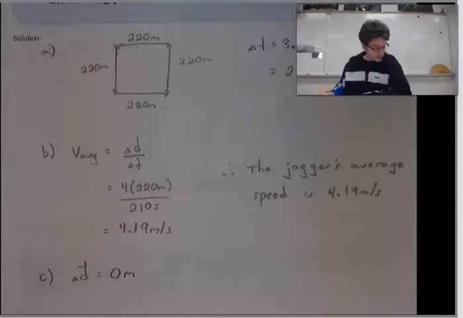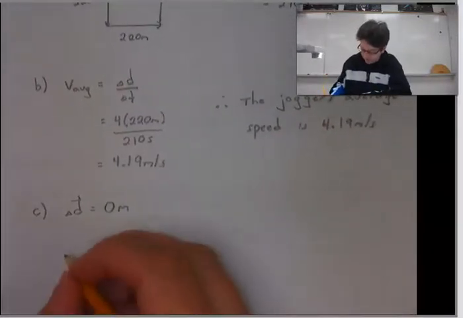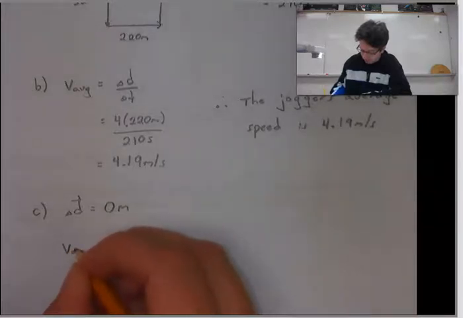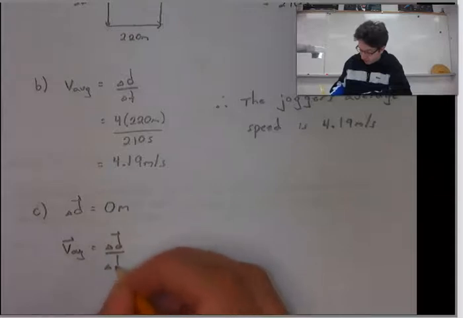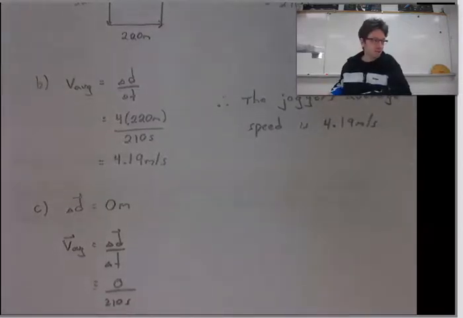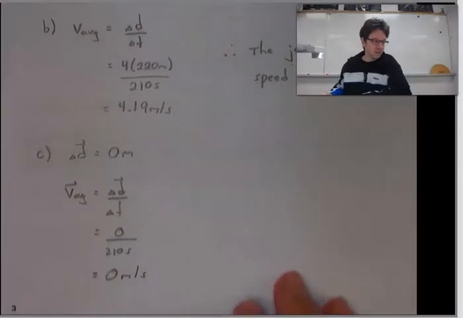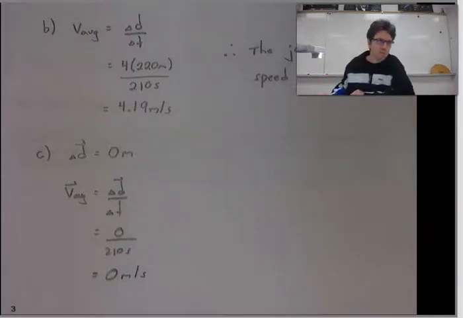So now, when we calculate average velocity, which is displacement over time, we get 0 over 210 seconds, which is 0 meters per second. Now that is a directional property, but since we're not moving anywhere, we don't need to write in what direction we're not moving in. It doesn't make sense.